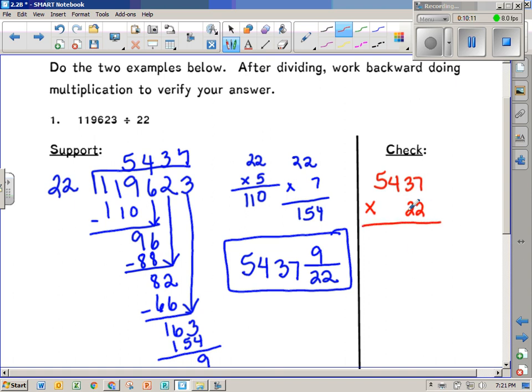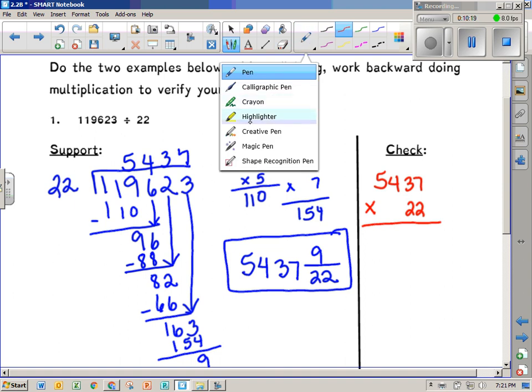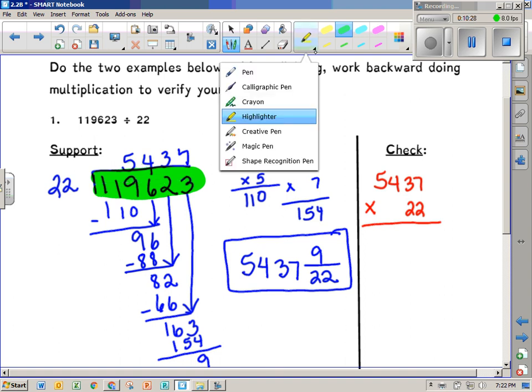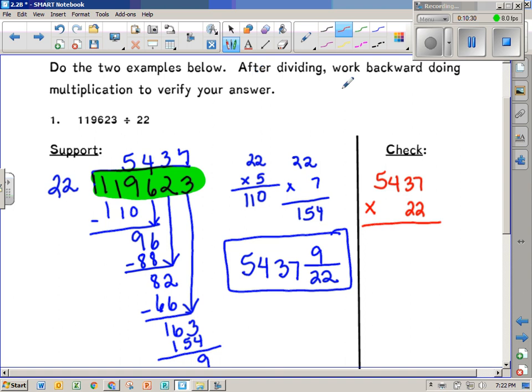When I get that result, if I add the remainder on, it should equal my original dividend. So what we're shooting for here is the whole thing should equal this dividend when we're finished. Let's see if I can get back to my pen more successfully this time.